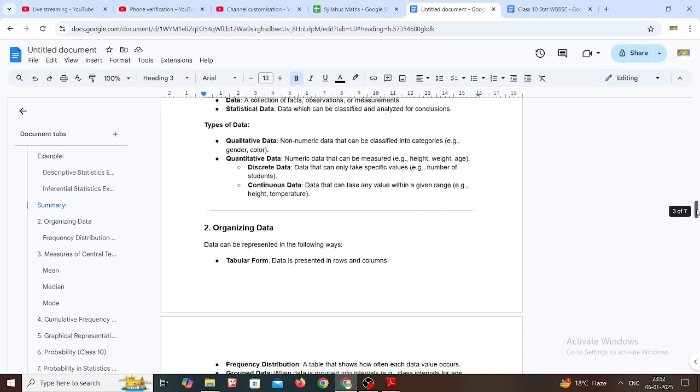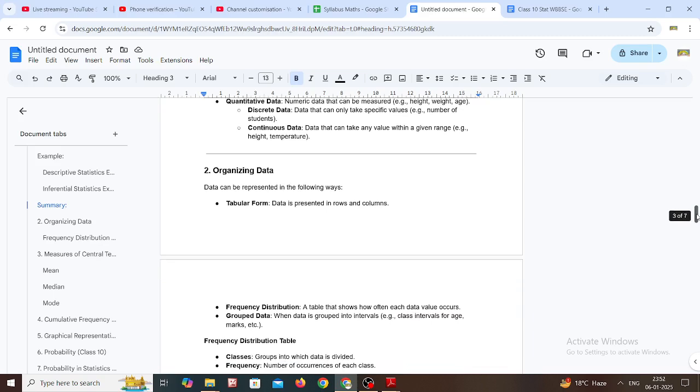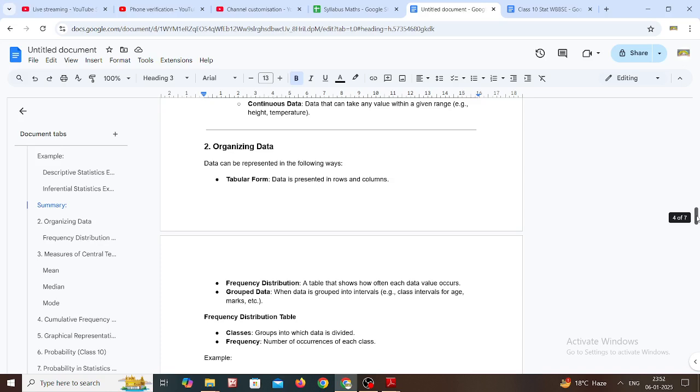So if we have this kind of a data set, we can go for organizing of data. Data is basically organized in rows and columns, and rows and columns sum up to a tabular form.